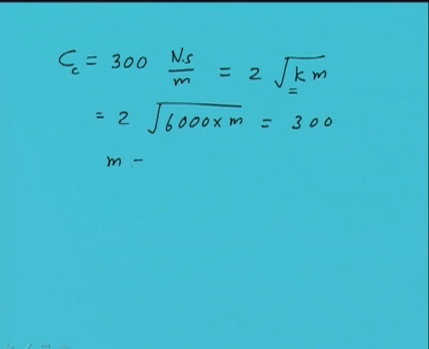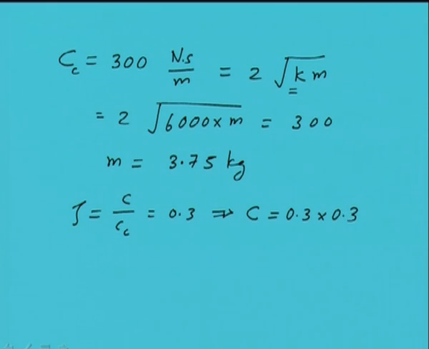The mass can be obtained as 3.75. Once we know the mass, and zeta, the damping ratio, that is 0.3, the damping coefficient can be obtained because we know the critical damping. So the damping coefficient will be 0.09 Newton second per millimeter, or in meters, Newton second per meter.